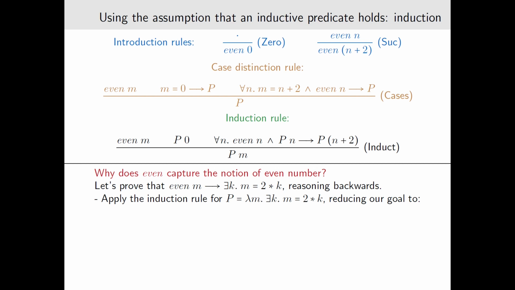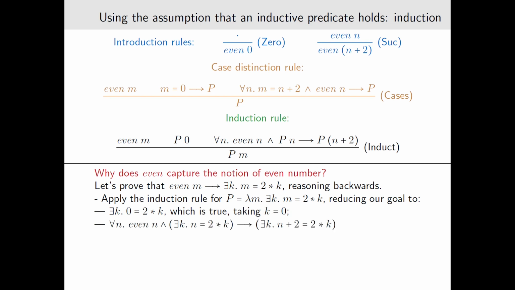There exists a k such that our number is 2 times k, and this is very similar kind of reasoning. Again, the elimination pattern, just like for the cases rule, and we reduce this to 2 rules: the base case, the familiar base case, and the inductive case. By further processing, the base case is trivial.